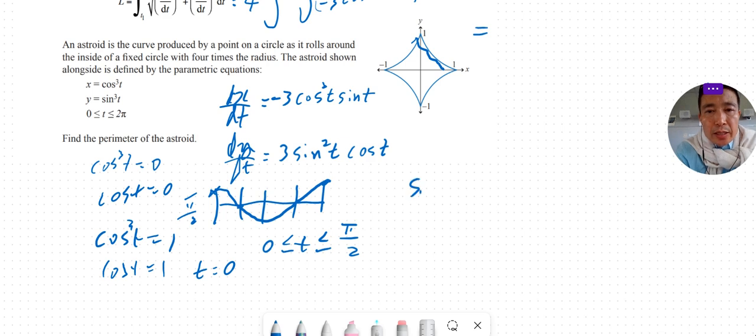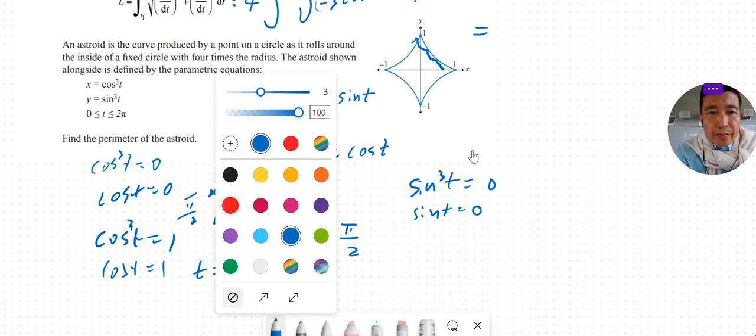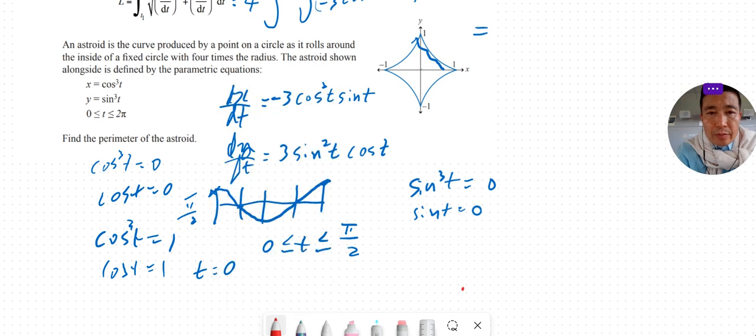Sine cubed t must be 0, because y ranges between 0 and 1. So sine t must be 0. If I draw the sine graph, it would look like this.